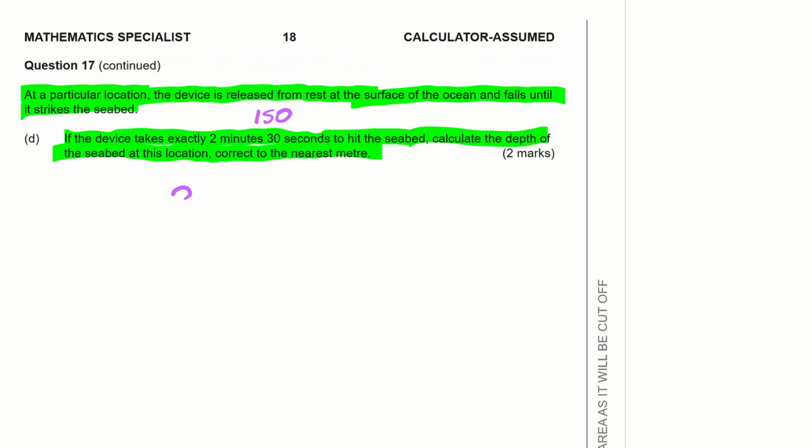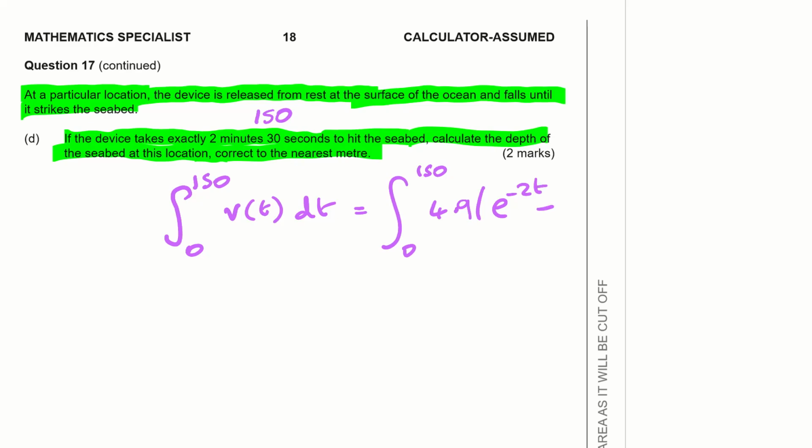Therefore, we can just do this as the integral from 0 to 150 of v of t dt. That's 0 to 150 of our 4.9 e to the negative 2t take 1 that we found in the last part of the question. And if we calculate that, it's negative 732.55, which means to the nearest meter, the depth is 733 meters.